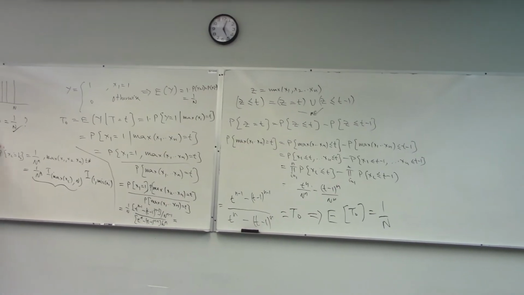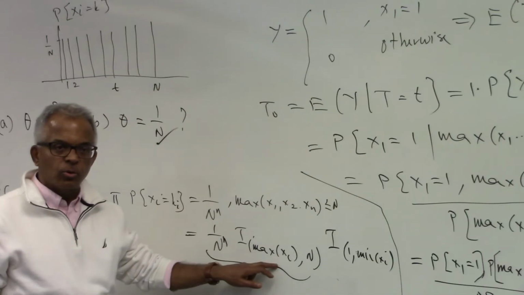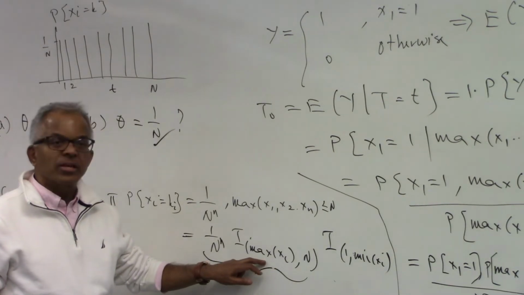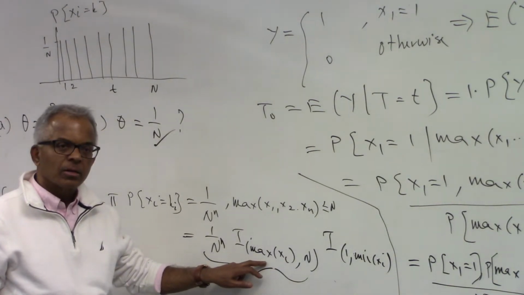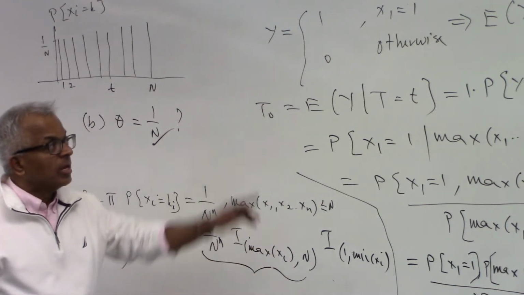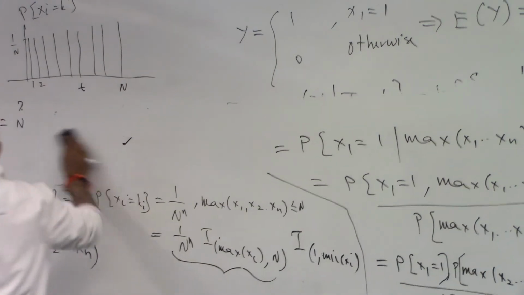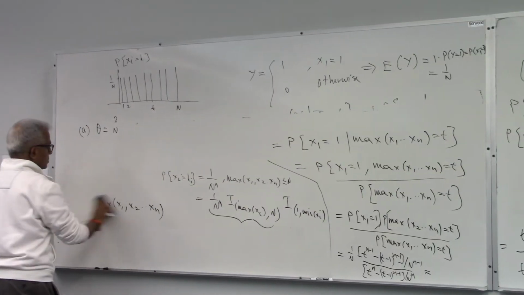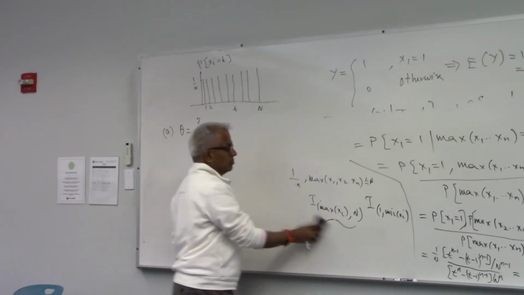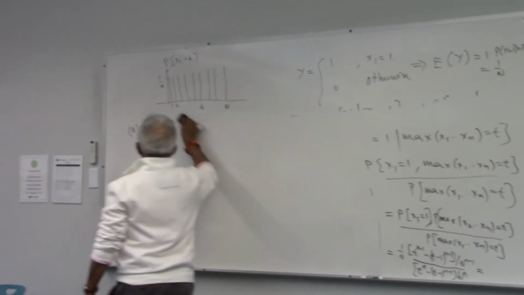Remember again, from here, for n or 1 over n, this is still the Tx. The sufficient statistic is still the maximum of x1 through xn, and we have the density function of this maximum here. Let me look at this problem.